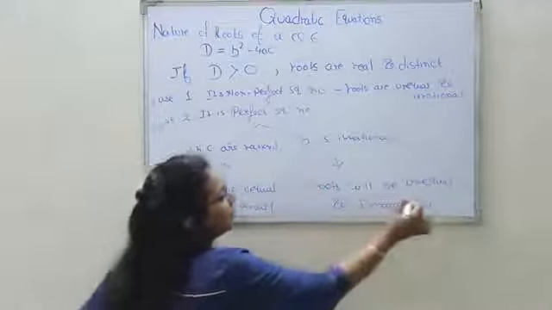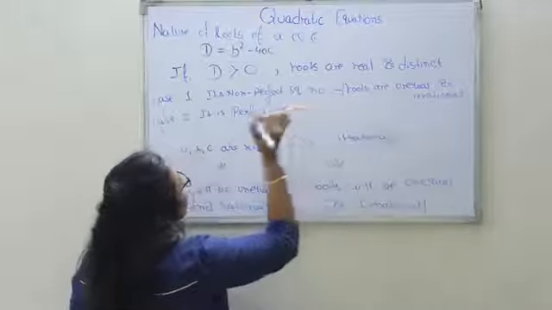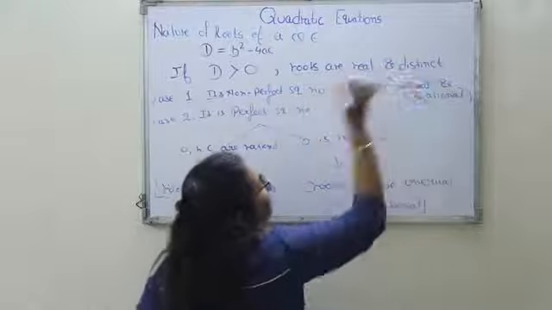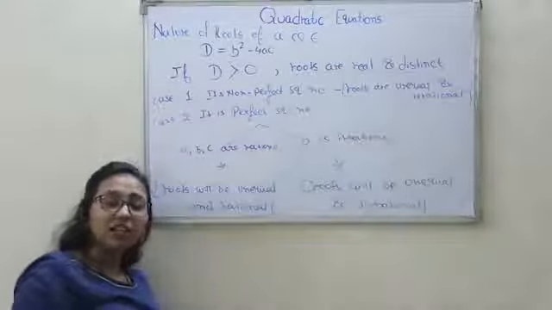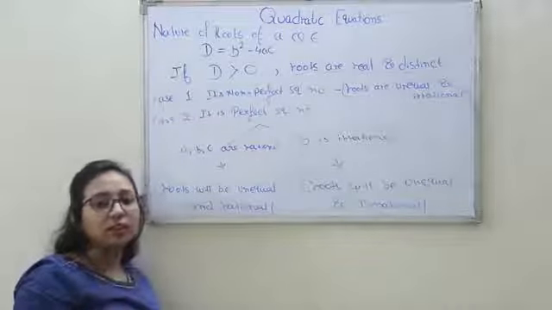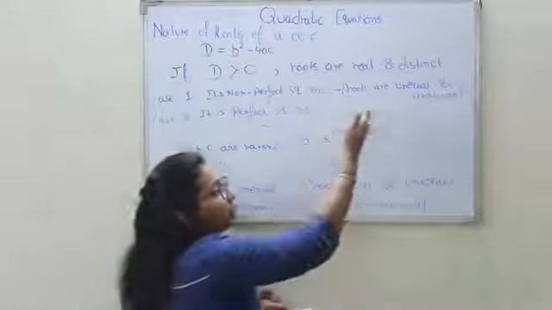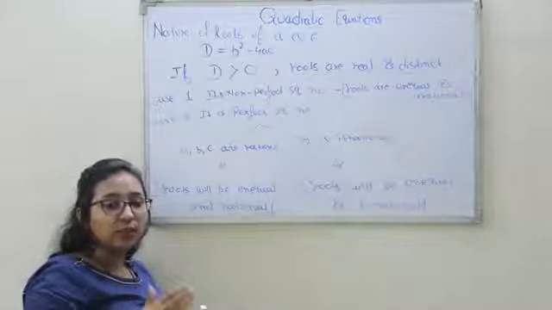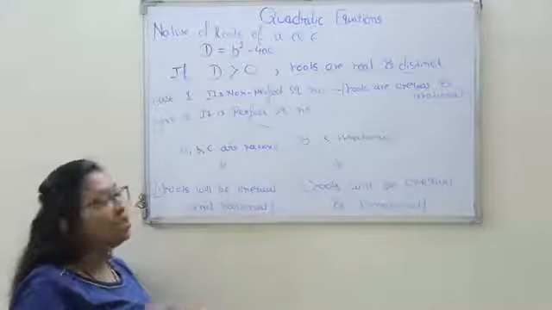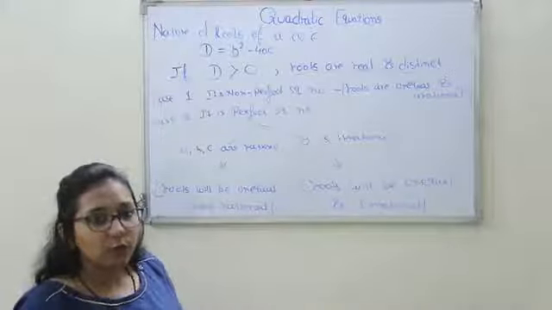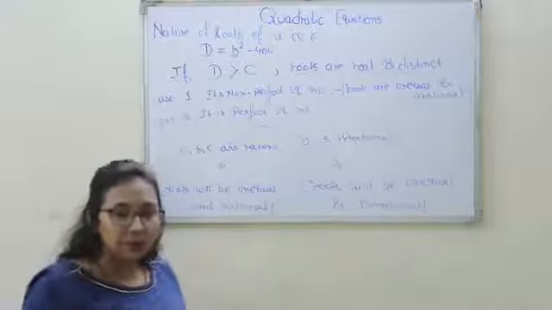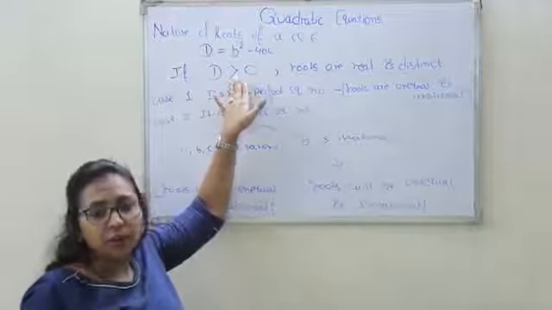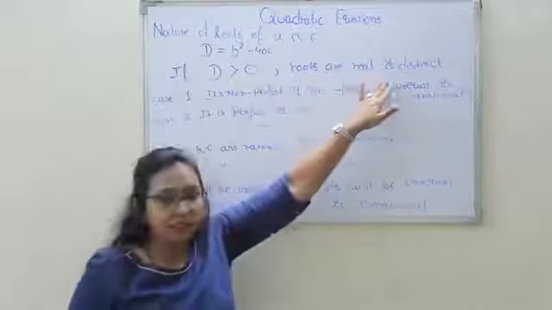These are the nature of the roots. Students, in the exam they will ask you to further clarify whether it is rational, unequal, real or what, so you have to clearly understand. In short, I will quickly revise. You have to find the value of b square minus 4ac, that is the value of the discriminant. If the value of the discriminant is any positive number, then the roots are real and distinct.